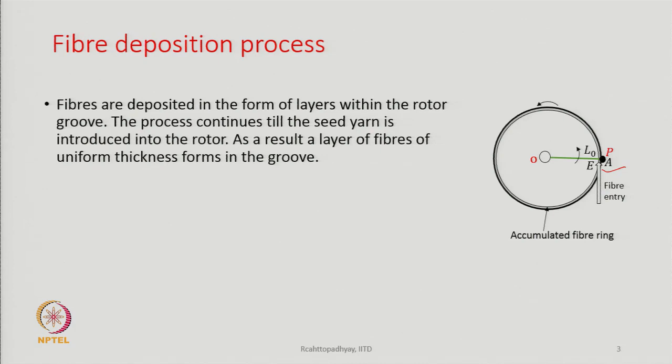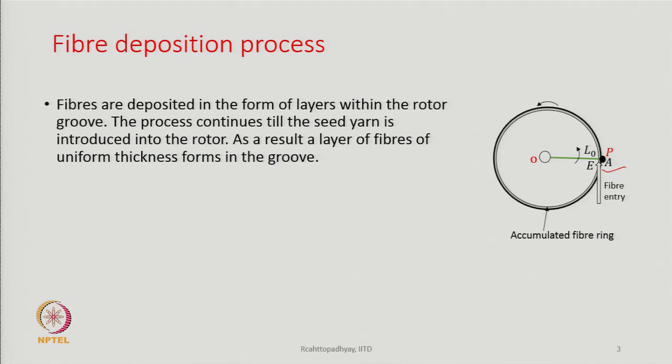It will go inside the rotor, and from there this yarn end will reach the point shown here as P, that is, it will come into contact with the deposited fibers which are there.